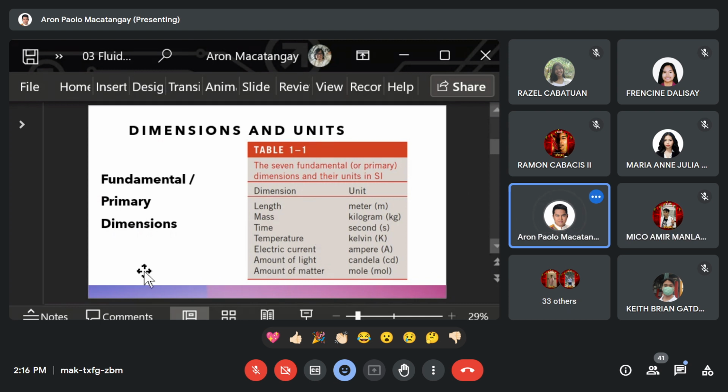You have seven primary or fundamental dimensions: length, mass, time, temperature, electric current, amount of light, and amount of matter. Beside these seven are the seven standard units in the SI system.